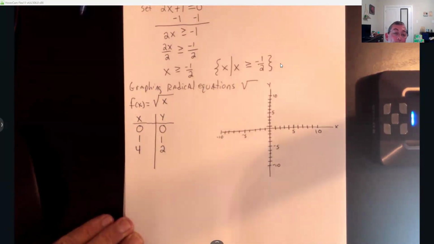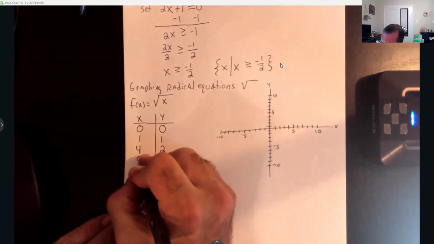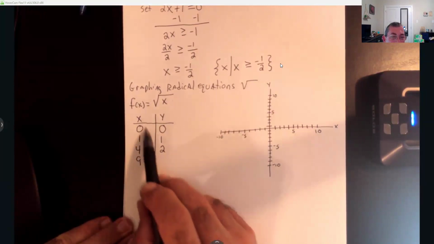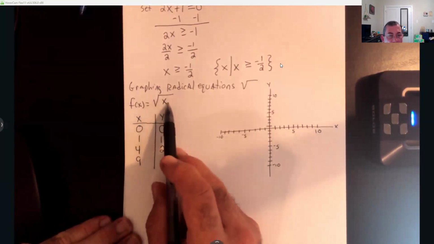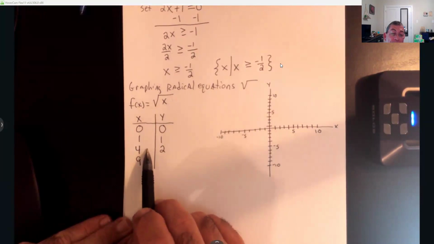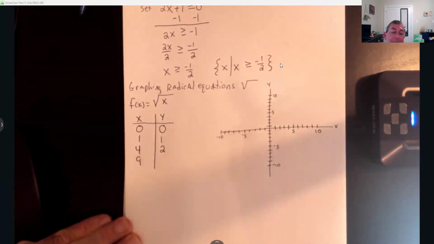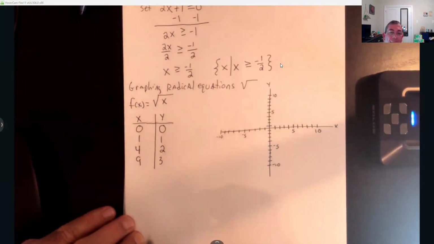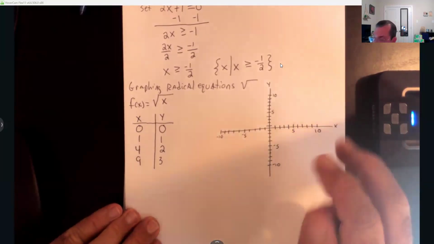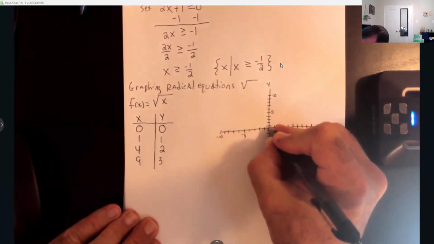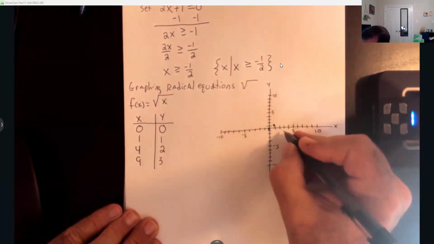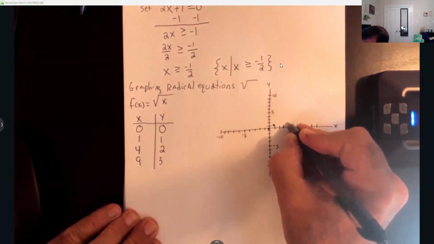And then if I wanted one more number, I would probably put a 9 in. So when I pick my x's, I'm getting perfect squares that I can take square roots of. Because 5, 6, 7, and 8, those are going to give you decimals. But y'all, the square root of 9 is 3. So the normal basic graph starts at 0, 0, goes to 1, 1, goes to 4, 2.